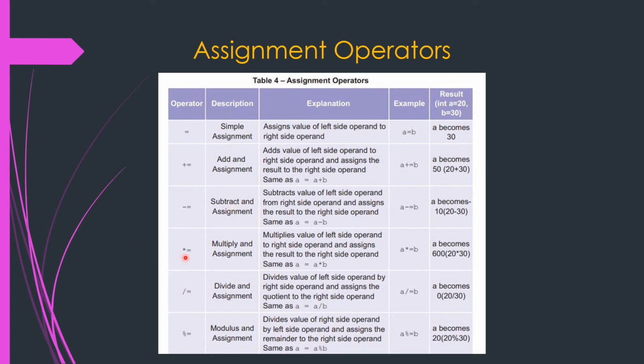Then star means multiply, so it will first multiply and then assign the value. Then in divide and assignment, first it will divide and then assign the quotient value. In modulus, it will assign the remainder value. I hope you are clear with all of these.